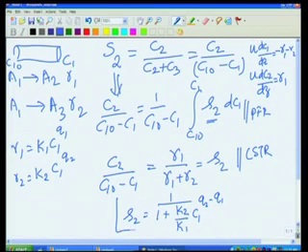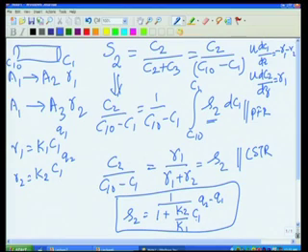So, this is my point selectivity. I know it changes as concentration C1 changes, and these are the two design equations which tell me what the selectivity is in a plug flow reactor and what the selectivity is in a CSTR.